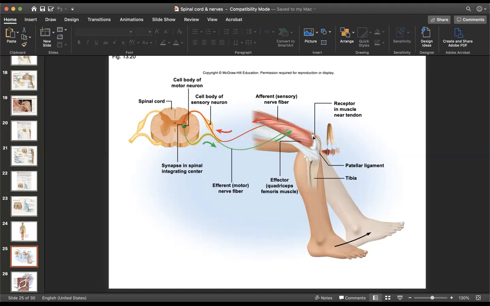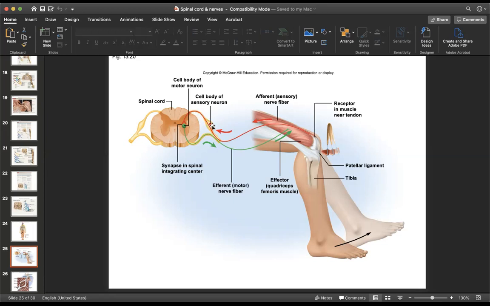So again, kind of diagrammatically, you've got these sensory neurons out in your body. And again, you've got this really long dendrite that looks like an axon, just like a long singular dendrite because it is incoming. The cell body to that pseudounipolar neuron is within the dorsal root ganglion.